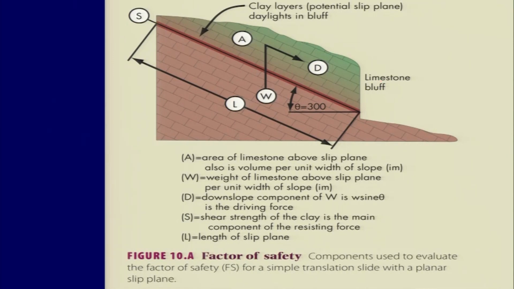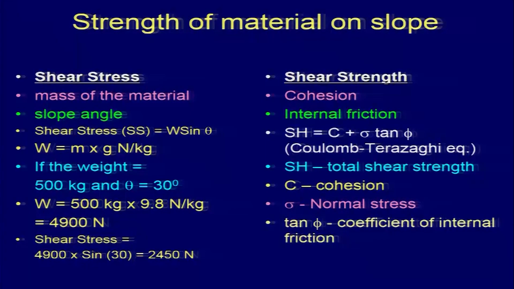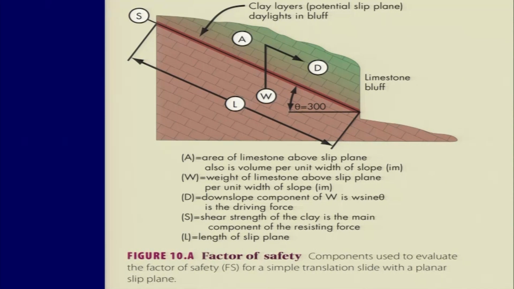So if you have to talk about the factor of safety, of course you need to take into consideration what we were talking about, the W sin theta, that is what we saw in the previous slide, that is your shear stress, and you have to take into consideration the shear strength, and that will come from the property of the material.